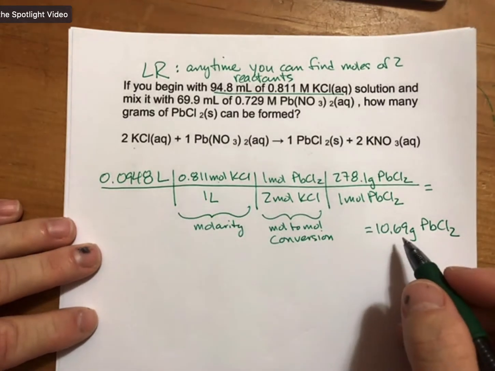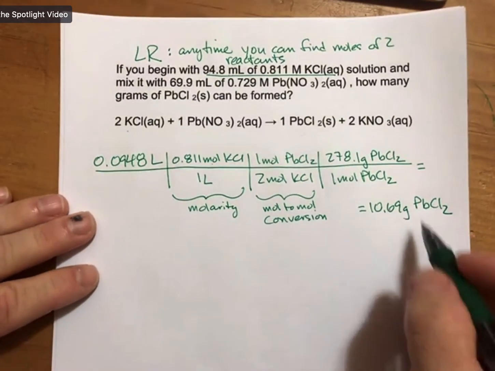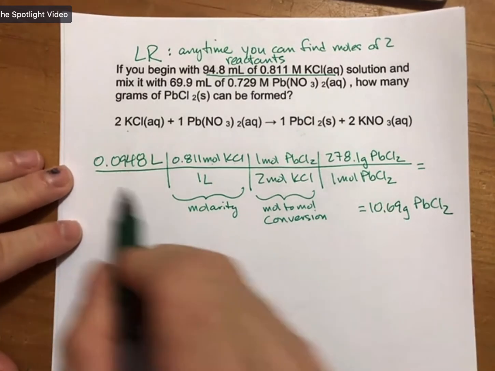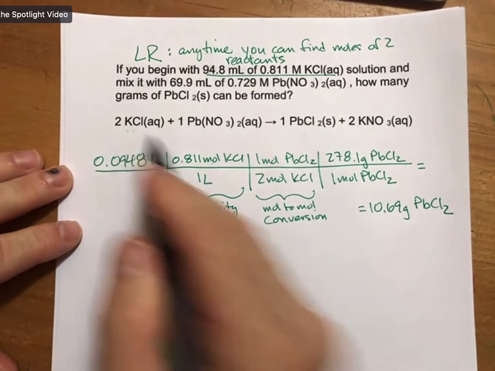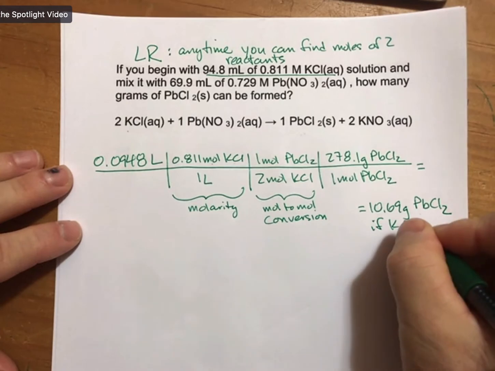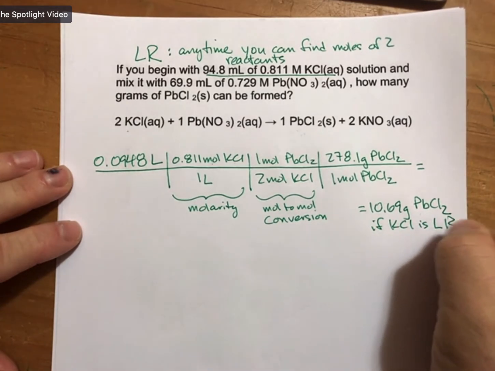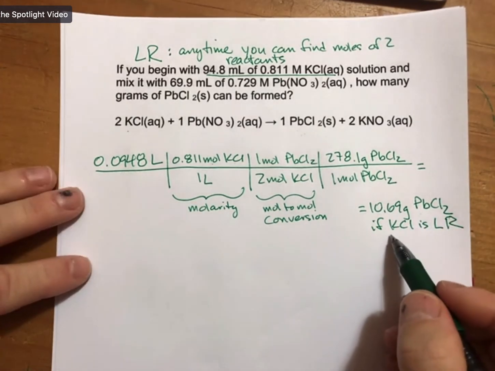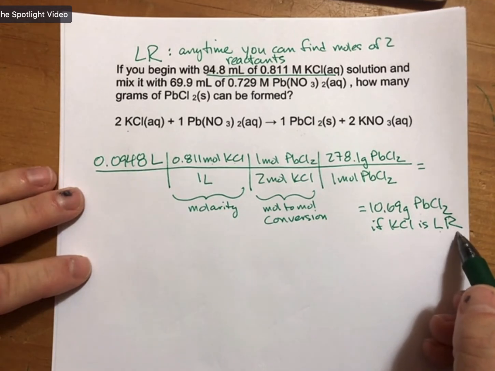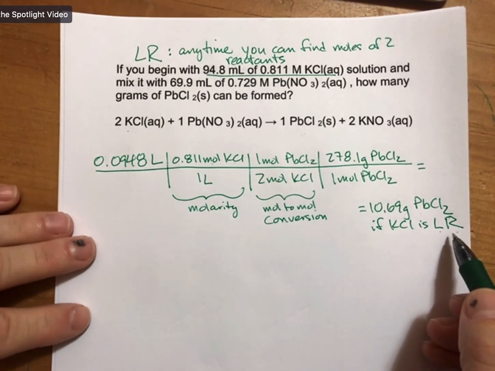And I can further say that this is the grams of lead 2 chloride if potassium chloride is the limiting reactant. So that's my note that that's true if potassium chloride is the limiting reactant. Now I have to do the other one.